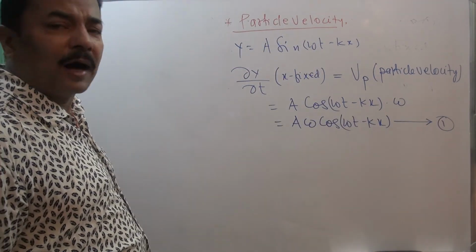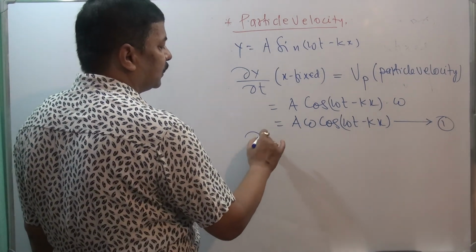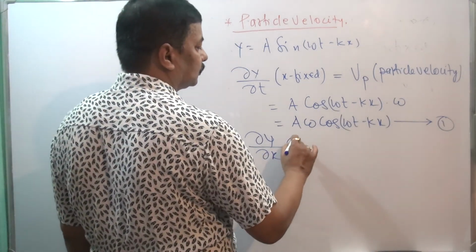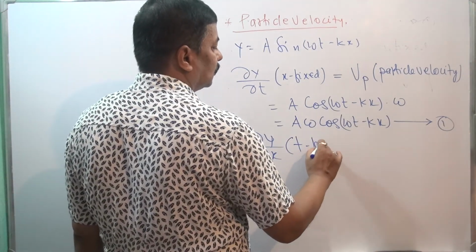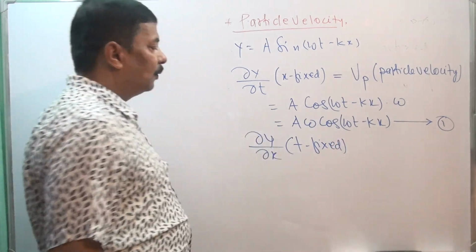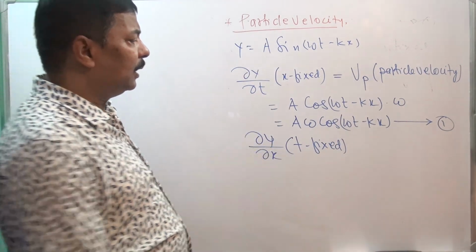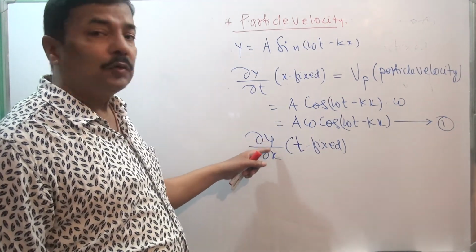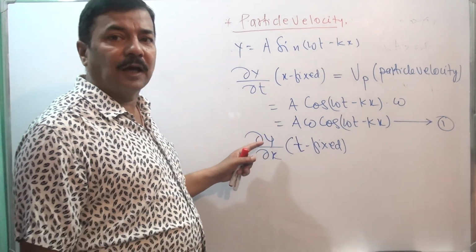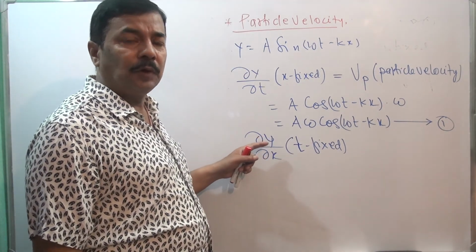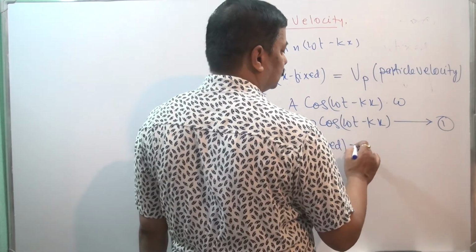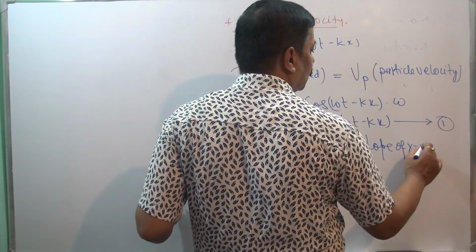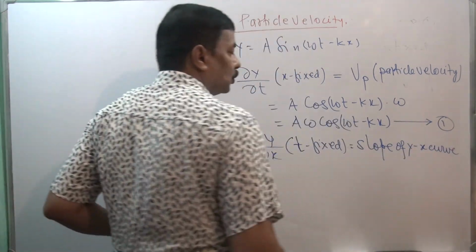If I want to find delta y by delta x, then what is delta y by delta x? t we have fixed, that means it is giving you the slope of the curve. The y and x curve slope is here. So it is giving you the slope of the curve.